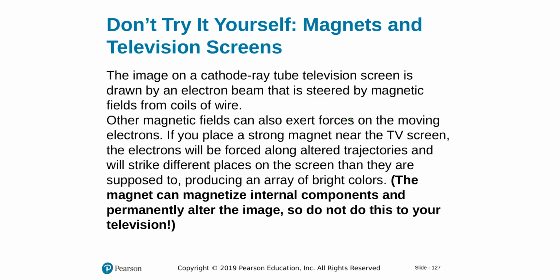Alright, that's all for this. This one part is about trying it yourself, although it might not be a good idea. You might permanently damage your TV screen, but electrons take part in making our televisions work. If you put a strong magnet beside the screen, the trajectories will be altered, so you will see smudged images there.